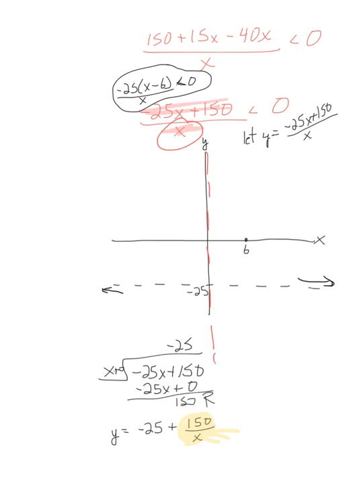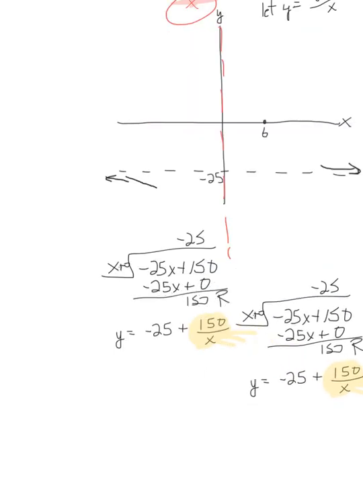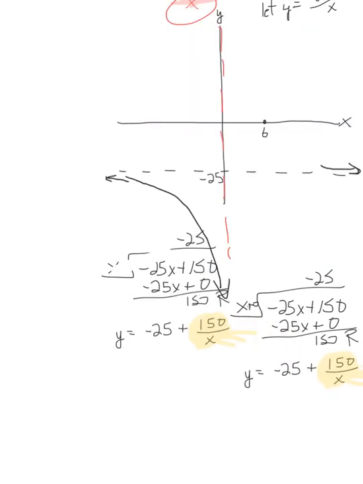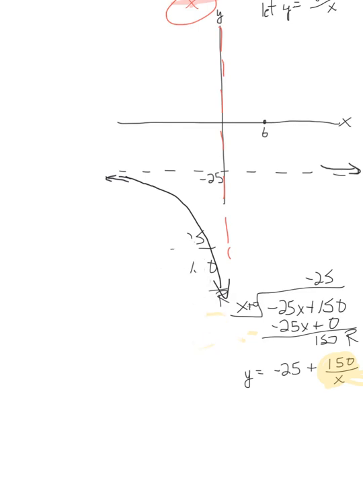Okay, so now we're ready to graph our whole equation. Draw this downward, and it comes from up here, goes to this 6. And from down here, goes to this 6, and there you have it. We want to know when is that less than 0, not less than or equal.